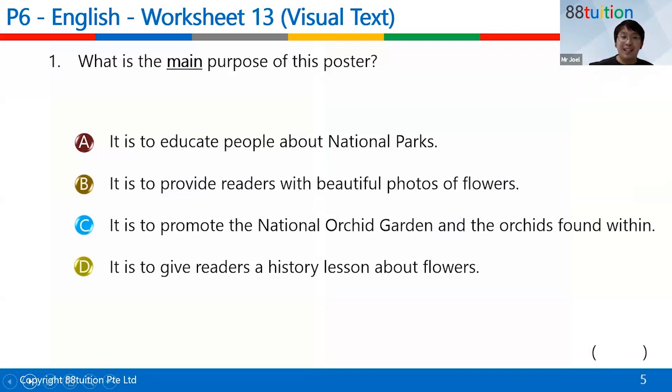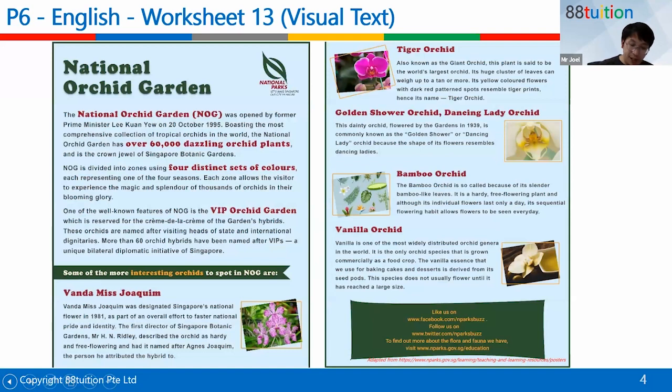All right, so let's have a look. Now, immediately, the first question over here is a very tricky one. What is the main purpose of this poster? All right, so I need the answer from Dania again, and of course from Jairus for this one. What's the main purpose of this poster? If we look at the poster just now, here it is advertising the National Orchid Garden, right?